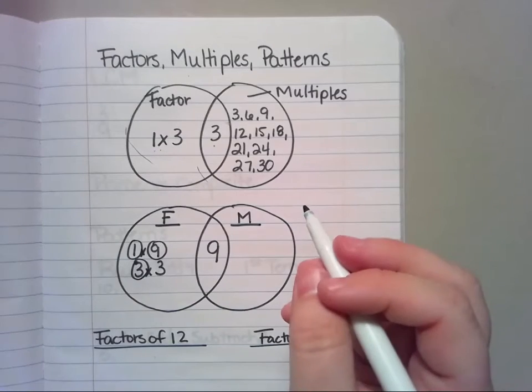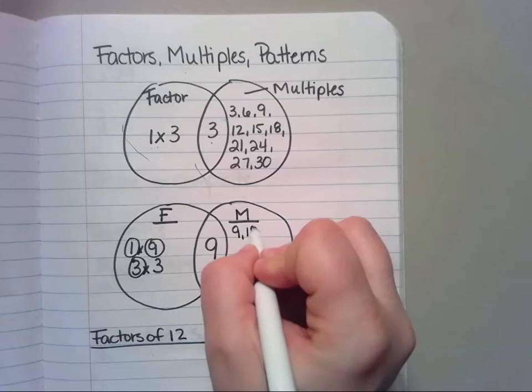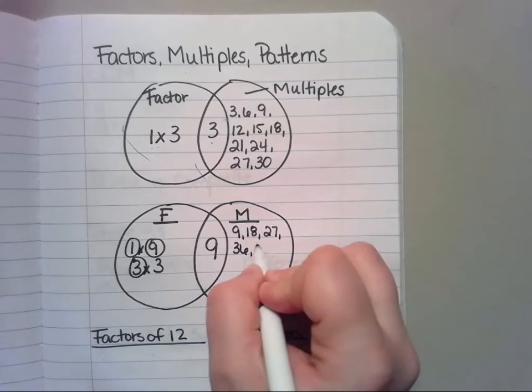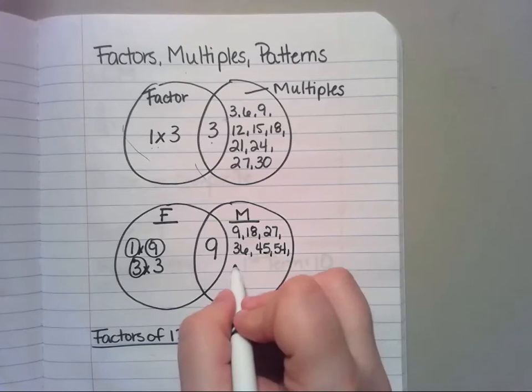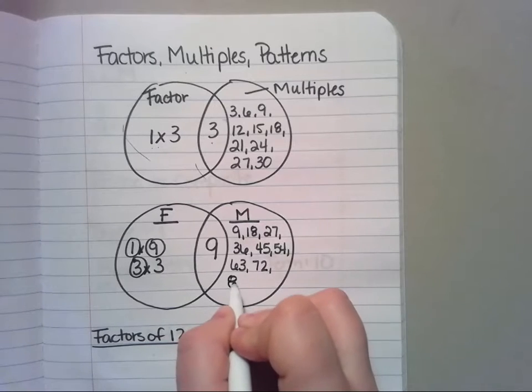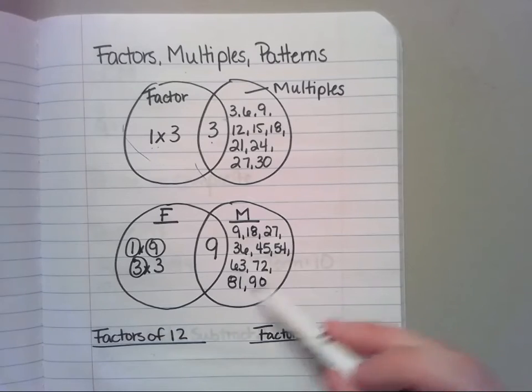This is where I skip count. Okay, so 9, 18, 27, 36, 45, 54, 63, 72, 81, and 90. Those are my multiples.